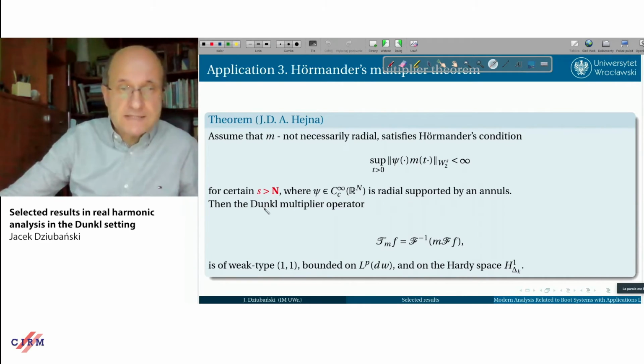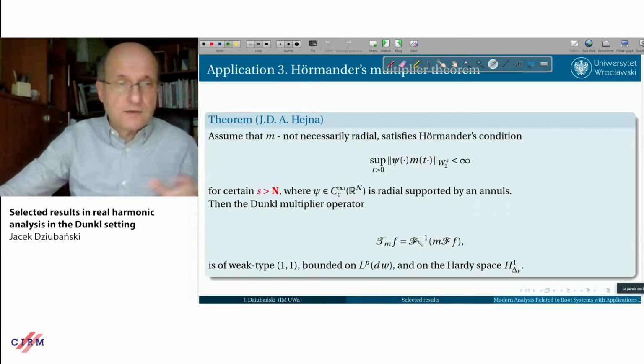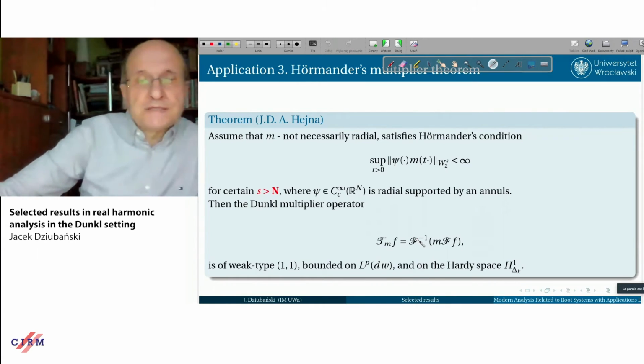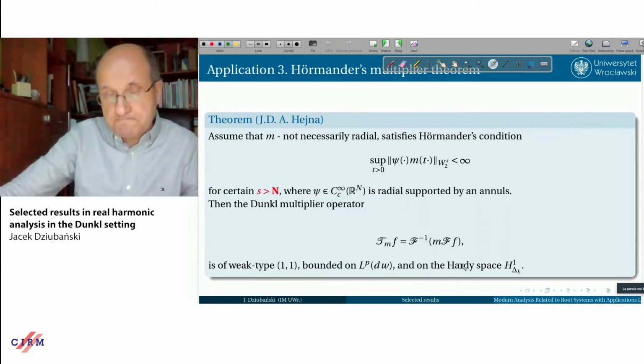So the theorem says that the multiplier operator, where we take the Dunkl transform, multiply by a multiplier m which satisfies this condition, and take the inverse of the Dunkl transform, is of weak type 1,1 and bounded on L^p and also bounded on the Hardy space.